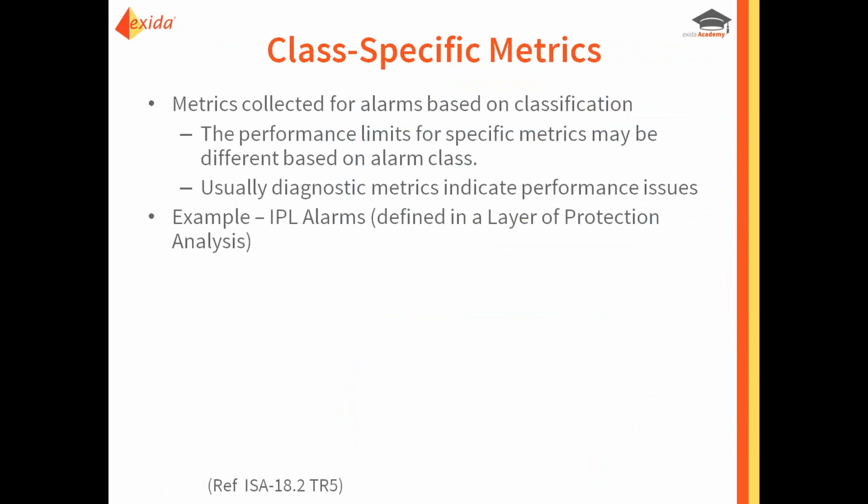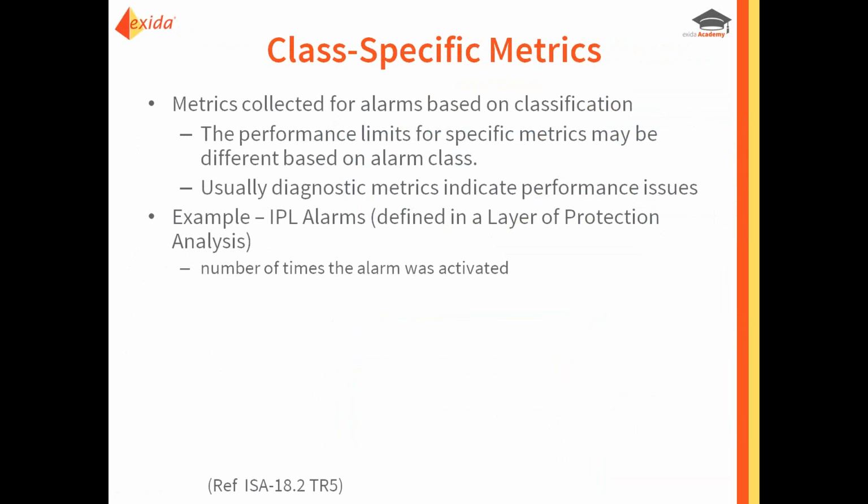Now, one of the benefits of using class, in addition to the general administration of alarms and being able to determine or identify which subset of the alarms require the extra special attention, similar to being part of OSHA PSM, we can also use alarm class to get specific metrics and information on the alarms in those classes from a metric point of view.